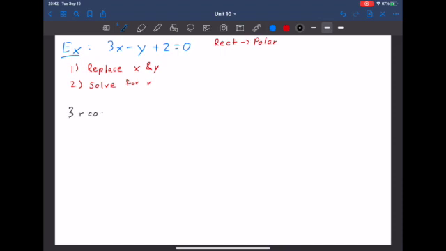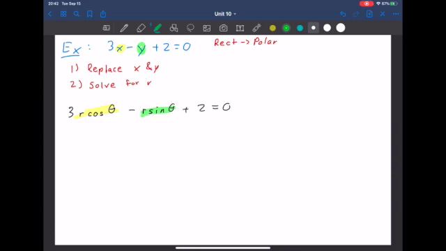So 3r cosine theta minus r sine theta, and then the 2 we're not going to be able to replace. So in case you can't quite see what I've done, our cosine theta replaces the x, and our sine theta replaces the y.